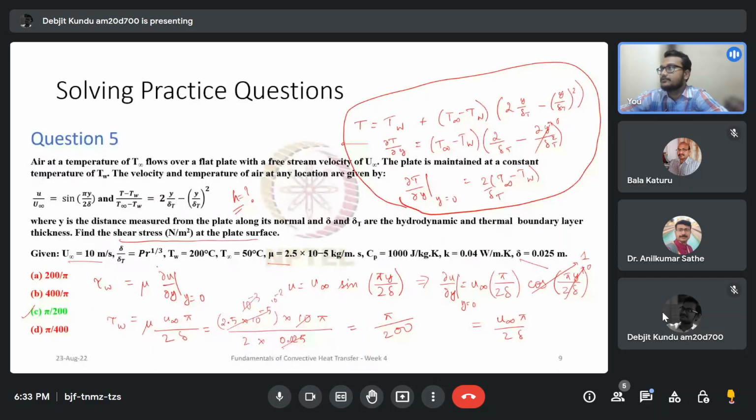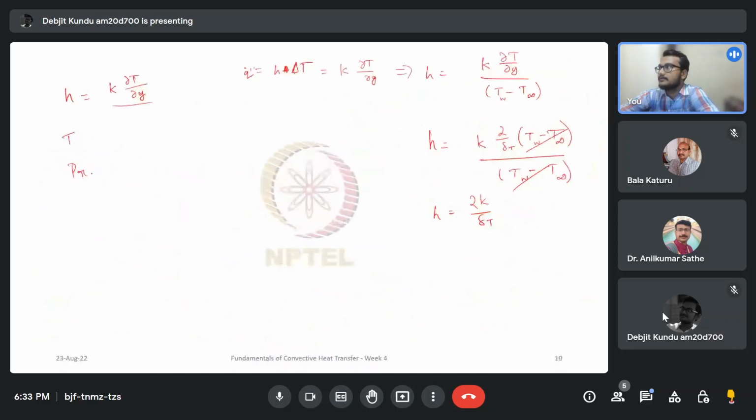So Prandtl number is ν by α. ν is nothing but μ by ρ, and α can be written as k by ρCp. So it is μCp by k.